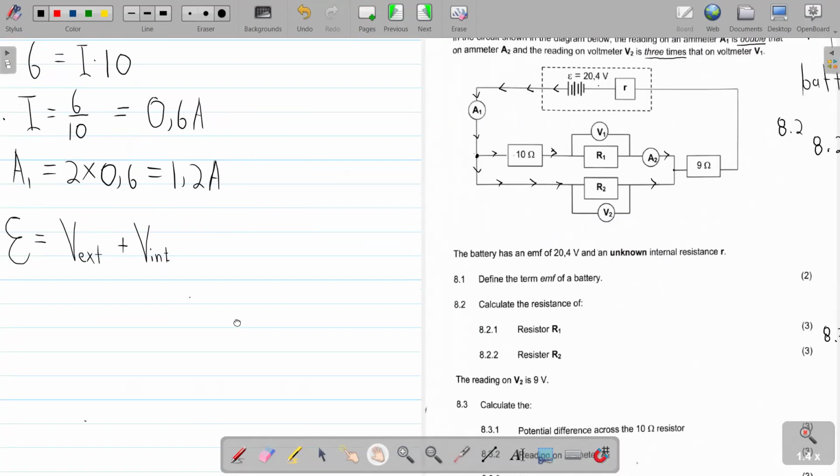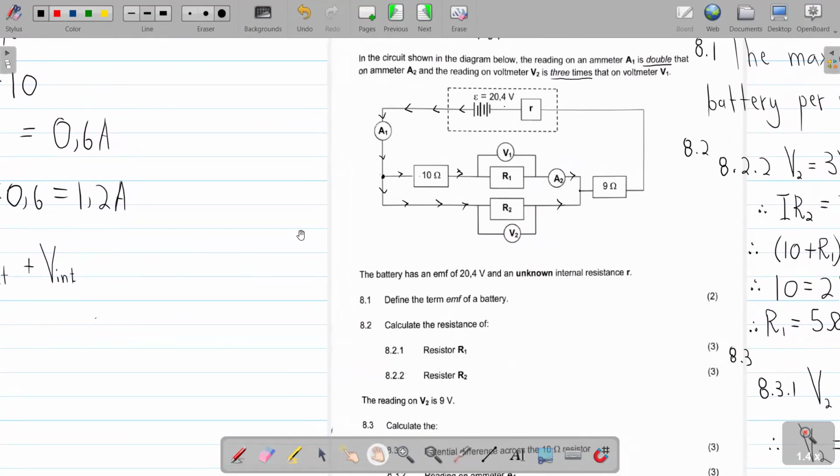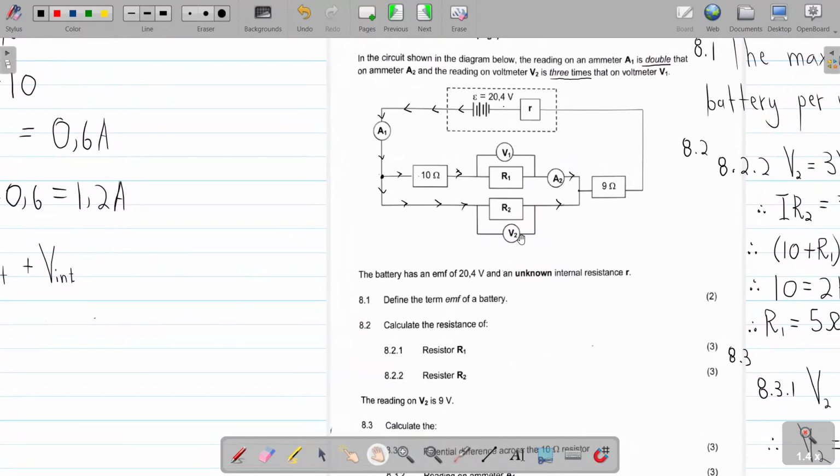If we look at the circuit, V external is made up of the parallel voltage. This is a parallel connection here, because the voltage is the same across the parallel connection. And it is also made up of the 9 ohm resistor here. So these are the resistors that make up the external resistance, so they make up the external voltage.